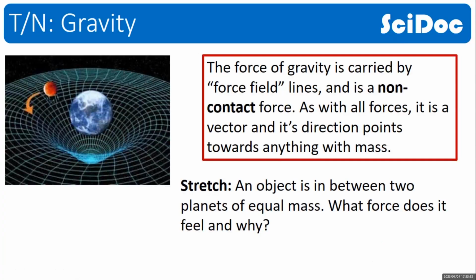The force of gravity is carried by the field lines and is a non-contact force. As with all forces, it is a vector and its direction points towards anything with mass. So as we know, force is basically a vector quantity, so it must be represented by an arrow. Similarly, the lines which represent the gravitational field are always represented by a line and arrow like this.